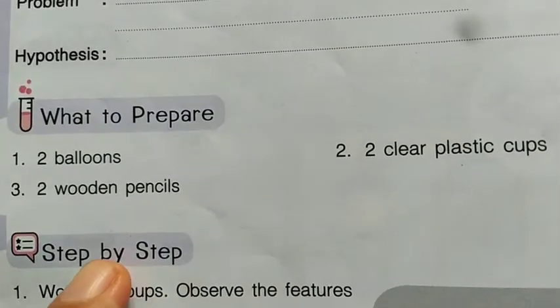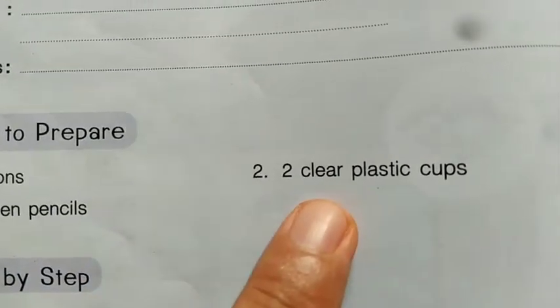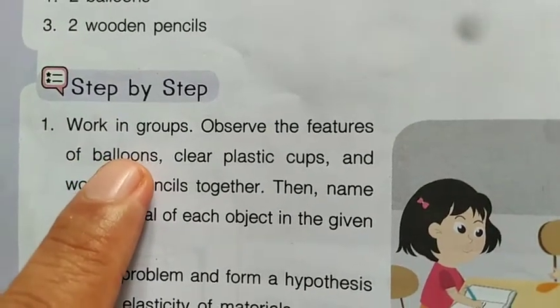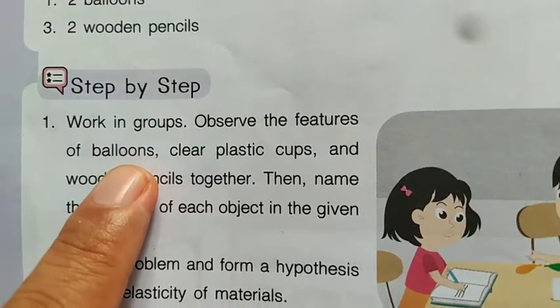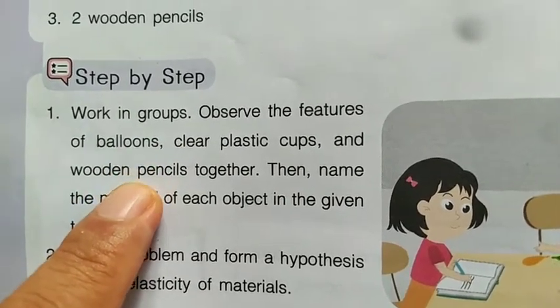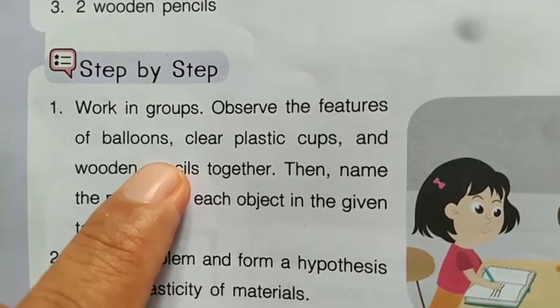What to prepare, if it is available to you, you can have 2 balloons, 2 wooden pencils, and clear plastic cups. Steps: work in groups, but you don't have groups this time because you are in your homes. Well, you can do it by yourself.